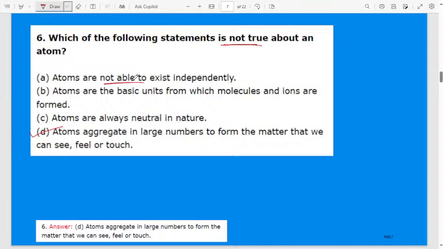That statement is also correct. Third one, atoms are always neutral in nature. Atoms always exist in the neutral state. That is also correct. Therefore, according to these four statements, statement 4 is the wrong one.